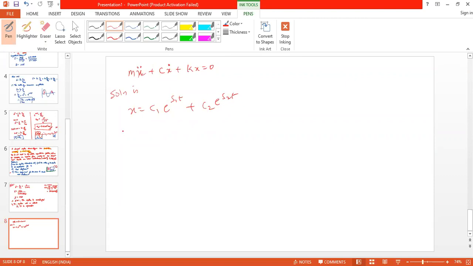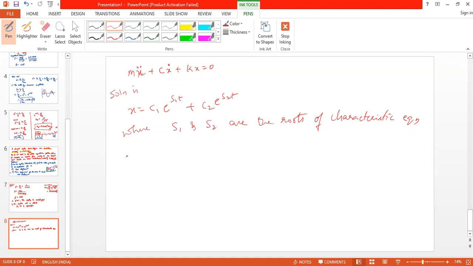S1 and S2 are the roots of the characteristic equation. So what is the characteristic equation that we get by substituting the values into the differential equation?